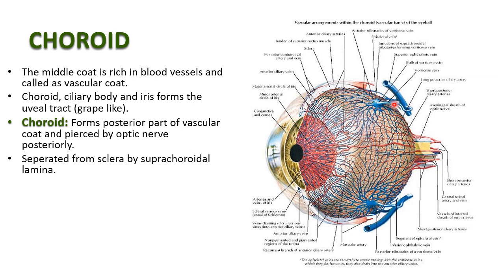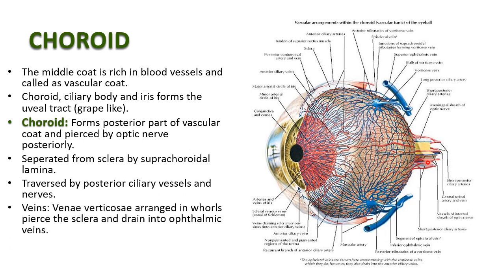You are able to see numerous vessels, mainly the posterior ciliary vessels, which pierce with their branches, and here you see the anterior ciliary vessels. They mainly form two arterial circles, the minor arterial circle and the major arterial circle of the iris. Then you see the veins, anterior ciliary veins and posterior ciliary veins, which drain into the ophthalmic veins.